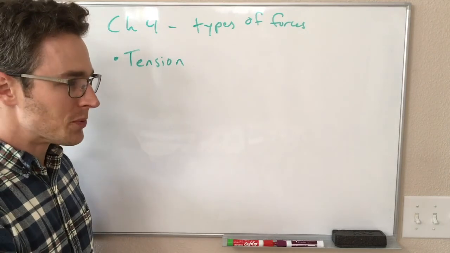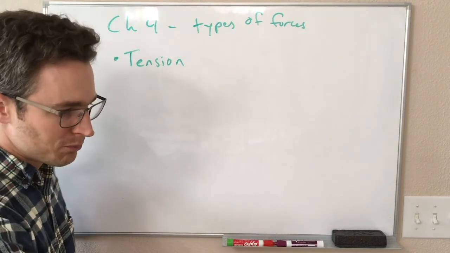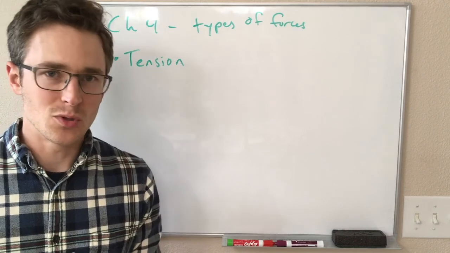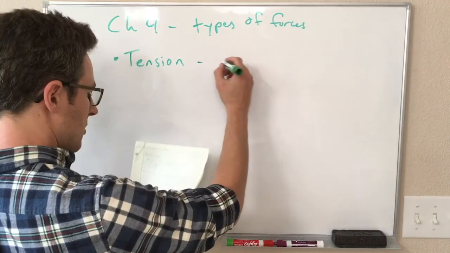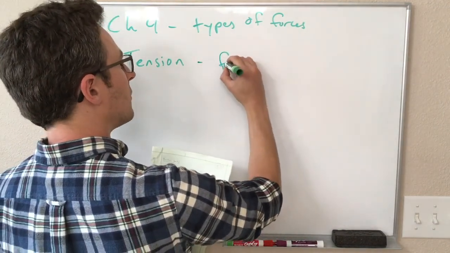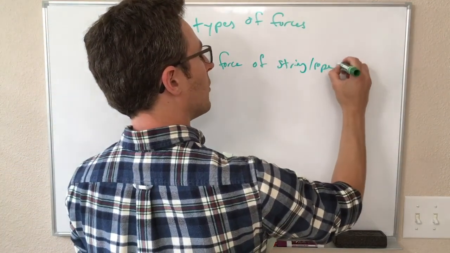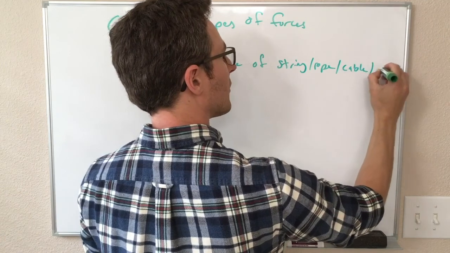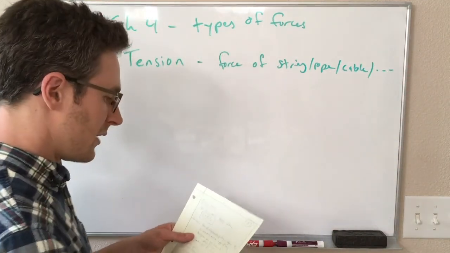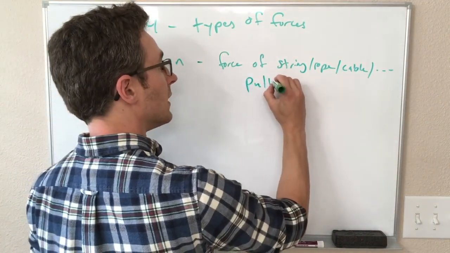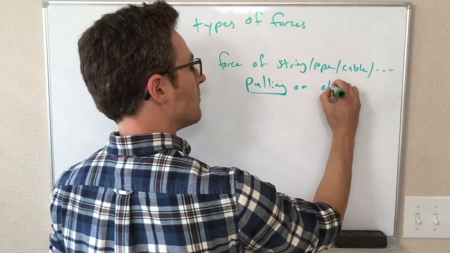If I have a rope tied to a block, I can pull it across the floor, but I cannot use that rope to push it across the floor. So tension is the force of string, rope, cable, everything like that you can think of, pulling on an object.